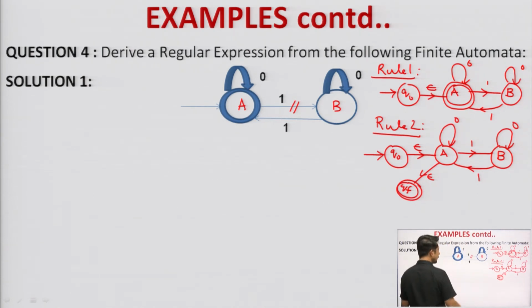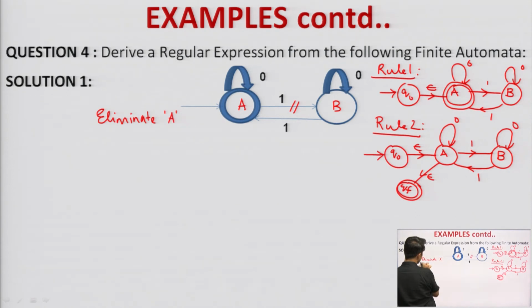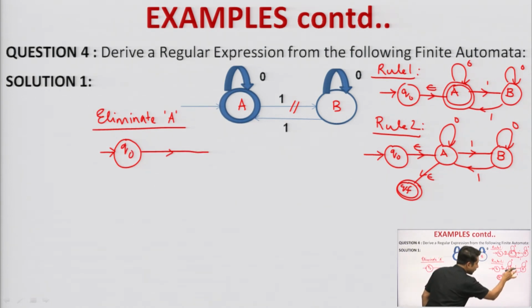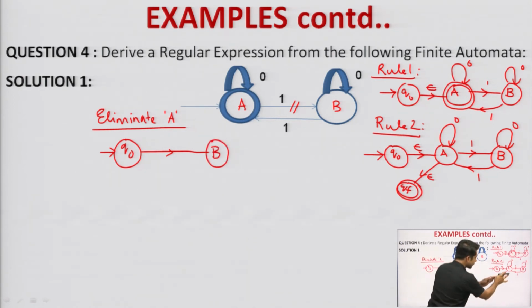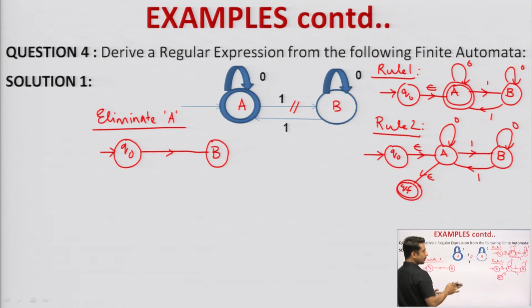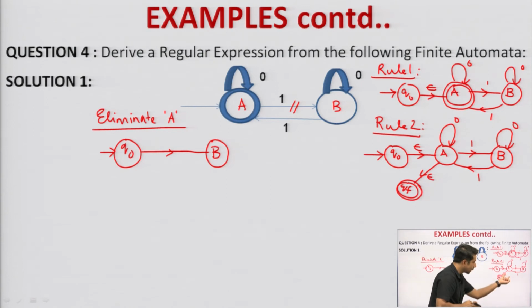Suppose I eliminate state A. Then the diagram will look like this: q naught, and this transition will directly go into B. And the transition that I am having with A, I will directly shift to B. But whenever I am shifting, I need to consider this 1 and epsilon also.